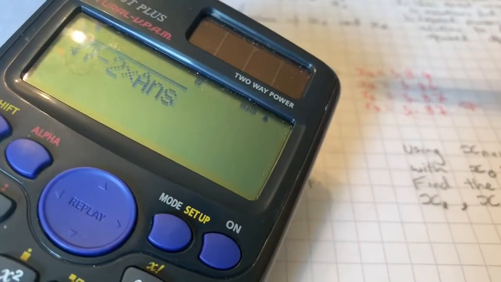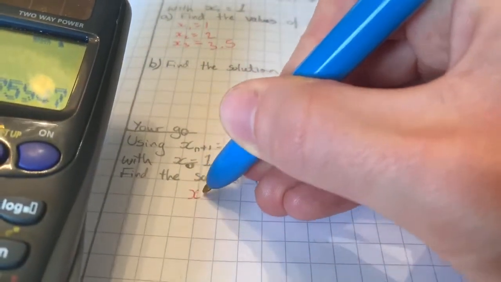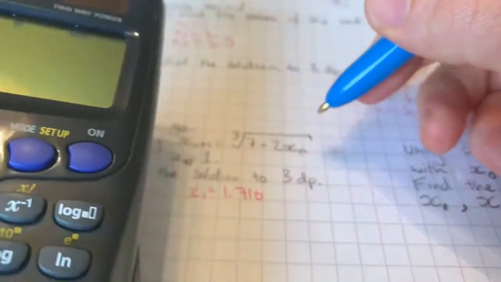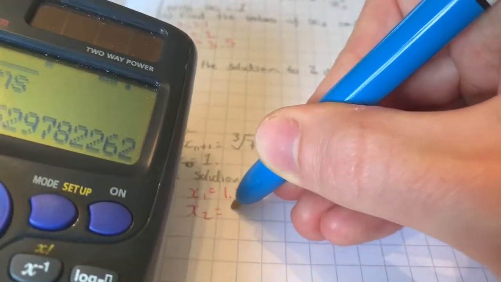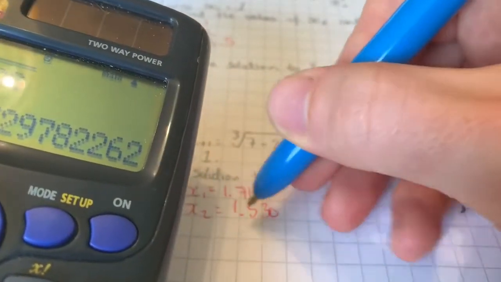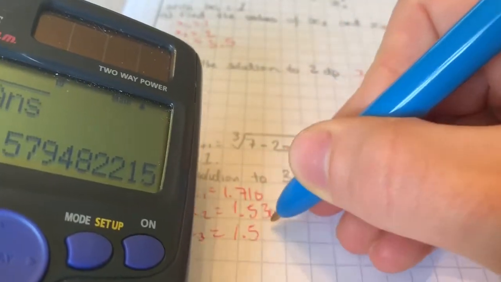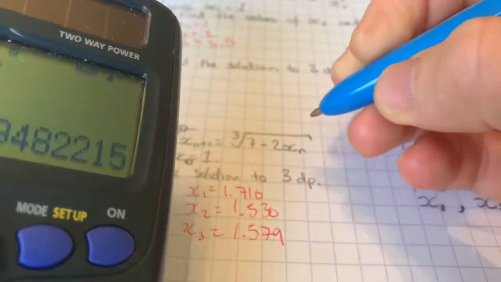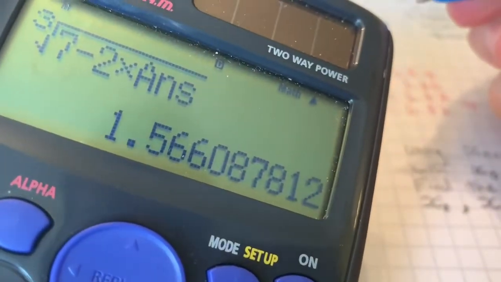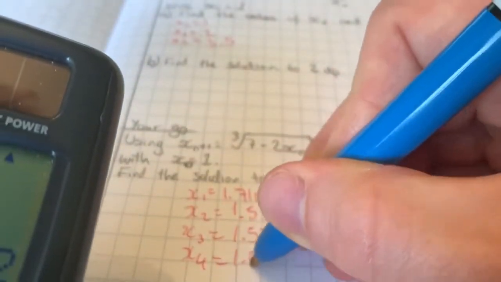So I've got that in the calculator, equals, so I get here x1, 1.710, because I want 3 decimal places. x2 equals 1.530, 3 decimal places. x3 is 1.579. Press equals again, get x4, which is 1.566. So it's still changing each time.